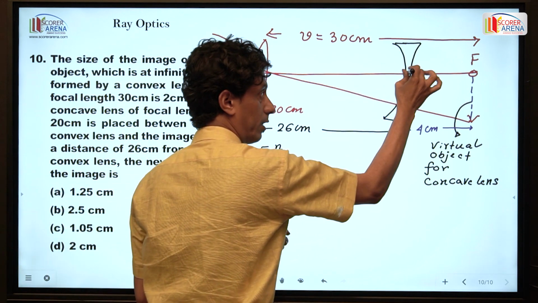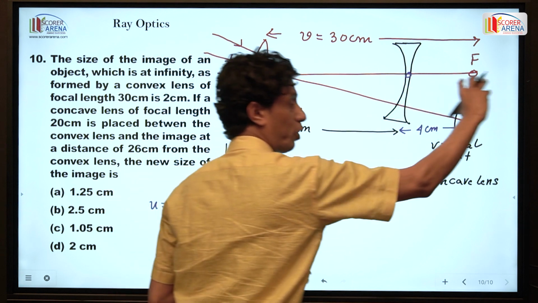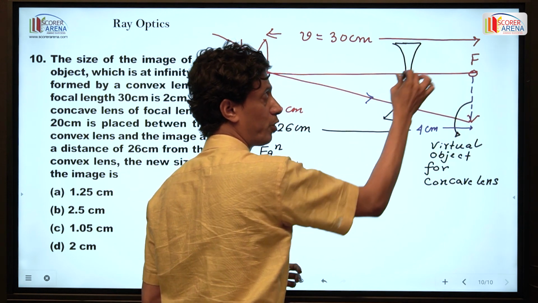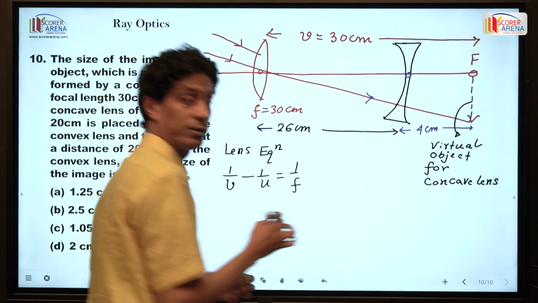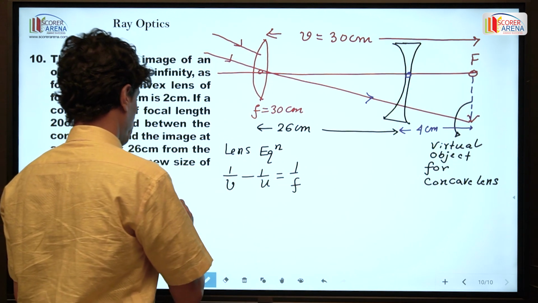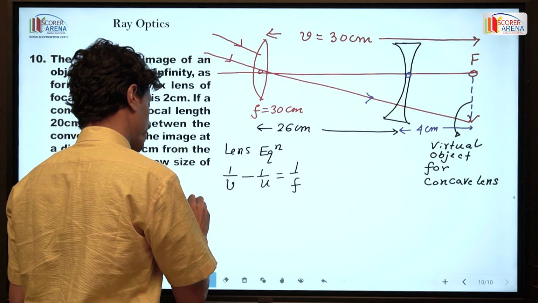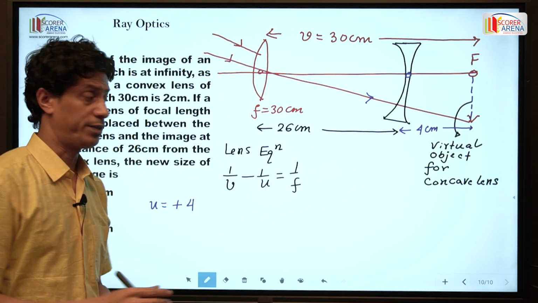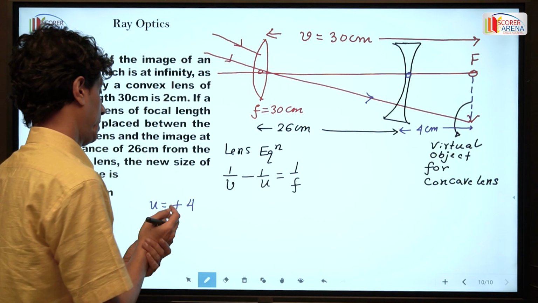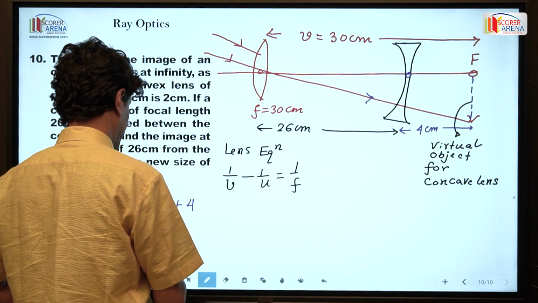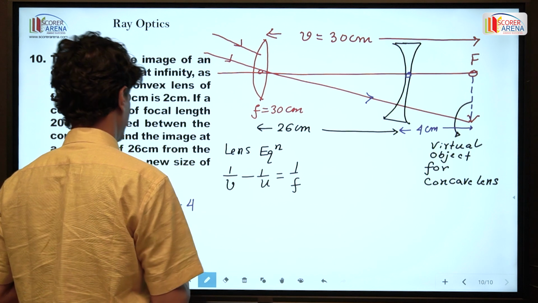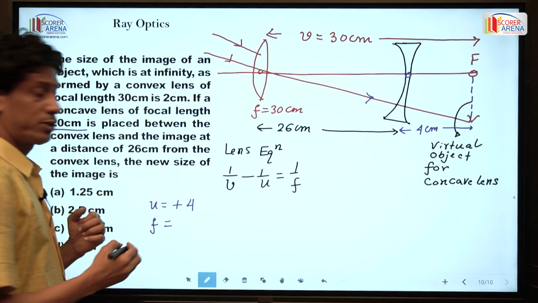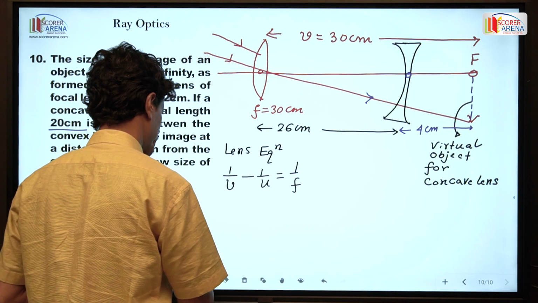The virtual object distance is measured along the direction of light from the optical center of the lens, so it is positive as per the convention. And the focal length of the diverging lens is given as 20 centimeter, so this is minus 20 centimeter.